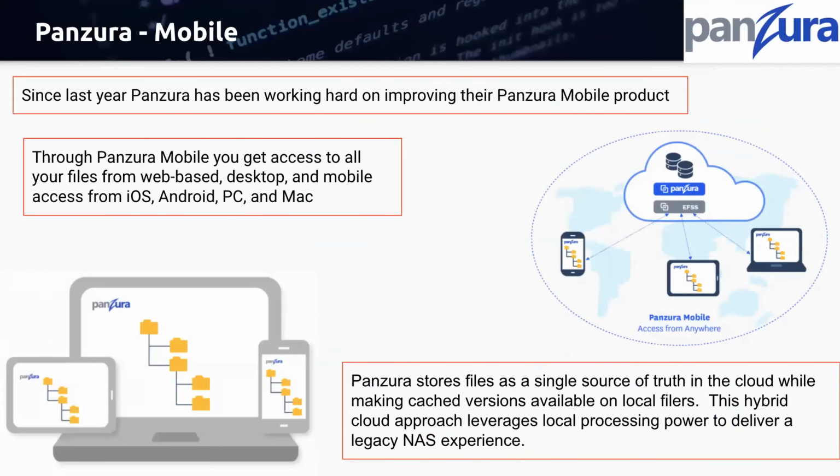Ever since everybody started working from home, Panzura has been working really hard on their mobile product. This is what you would give to your remote users. Anybody outside of the office would install the Panzura mobile app, and that would do the synchronization to a user off in the woods.